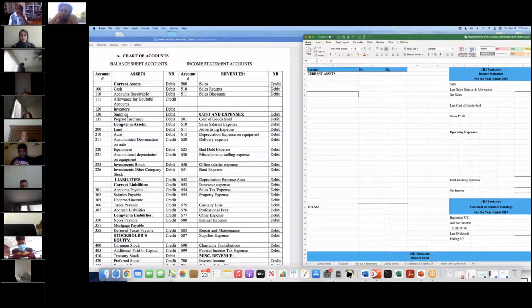And the current assets come from these items here. The current assets come from these items, 100 through 131. Those are always the first items on there. Then the second set of items that comes on there are the long-term assets.